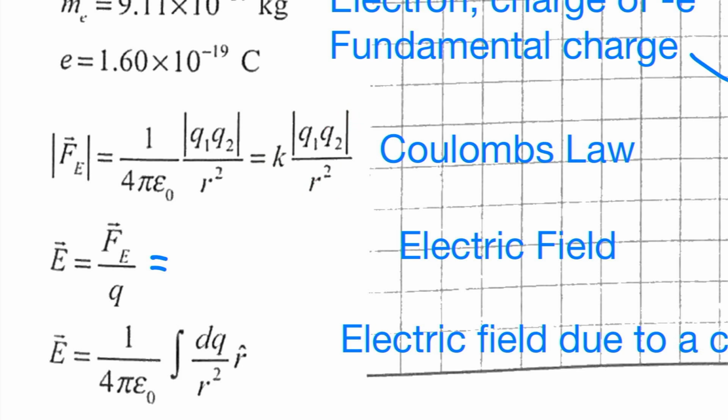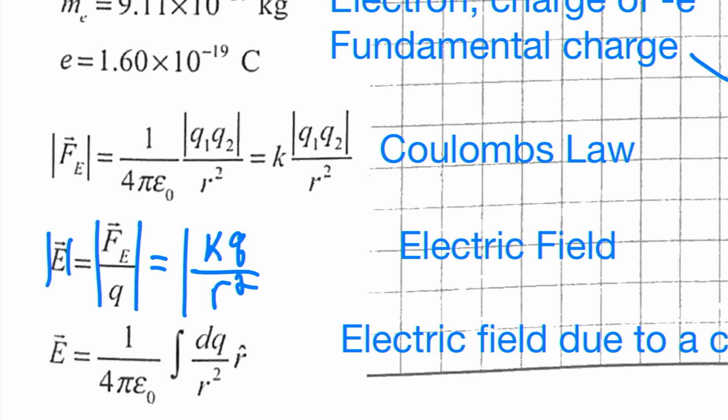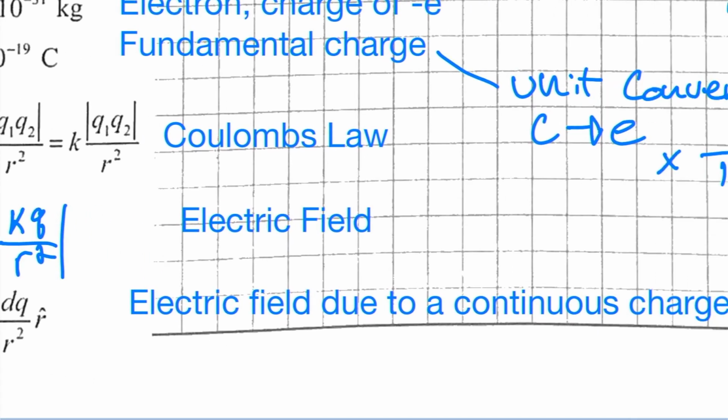Take this equation and divide by Q. When we divide by Q, it's going to cancel out one of these Q's, and we could say that this is kQ over r squared. And I like to think of this again as absolute values, magnitudes, and then we can think about the direction the electric field points separately.